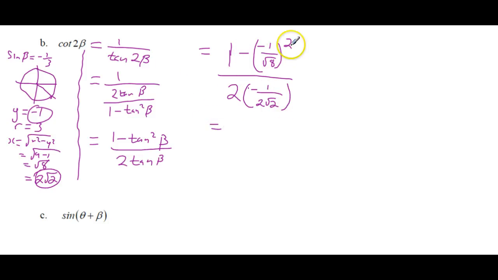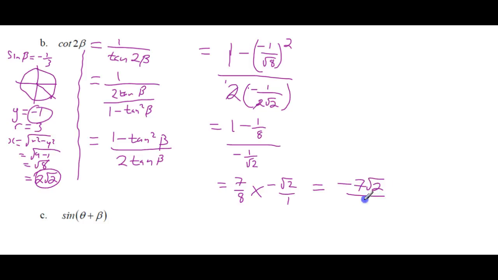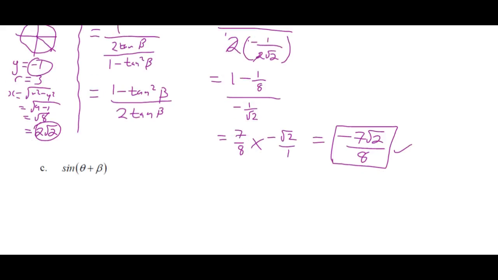So we've got 1 minus 1/8 over negative 1 over root 2. Don't panic yet. We're going to flip this. So this is going to be 7/8 times negative root 2 over 1, giving us negative 7 root 2 over 8. There we indicate our triumphant value. Look, I've done it.